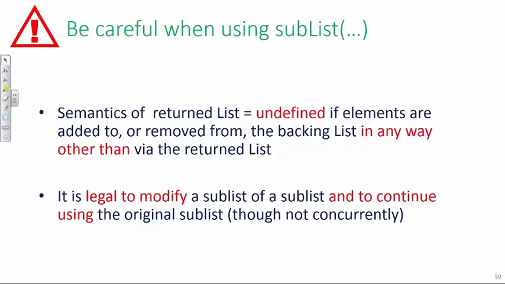So consider your view as something that is built just for one operation. You need to do one thing: clear elements from index 5 to 10, create your view, clear, be done. Do not try to use the view in parallel with using the original backing list. That's going to cause problems.